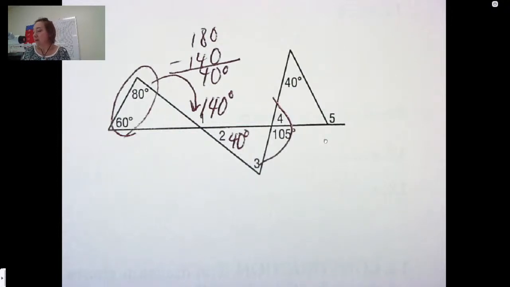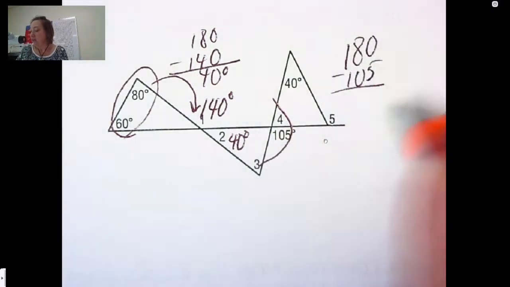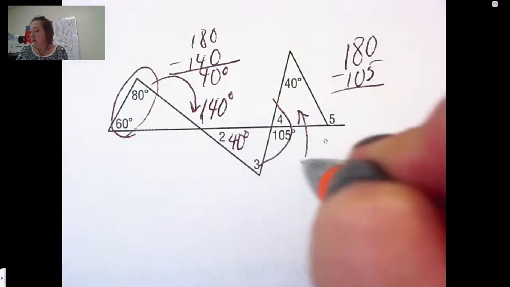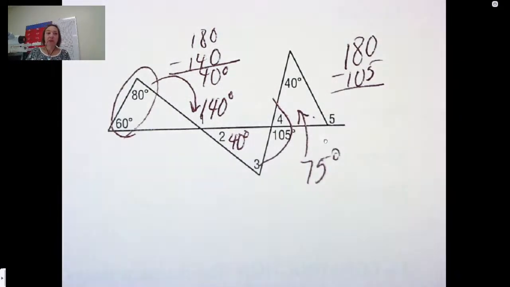Y'all see what I'm saying? So 180 minus 105 is going to give me 75. So angle 4 is 75. Right? Okay. What about finding angle 5? What could we do easily to find angle 5?